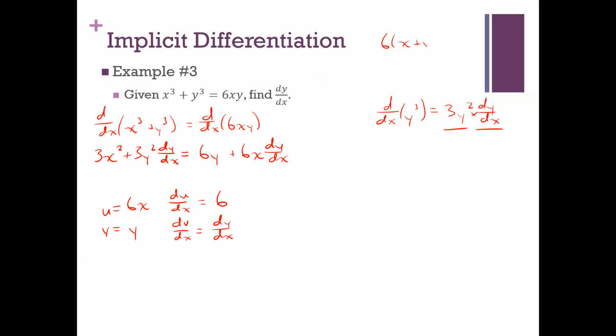This would be something I could distribute, but 6 times x times y, there's no distribution going on there.